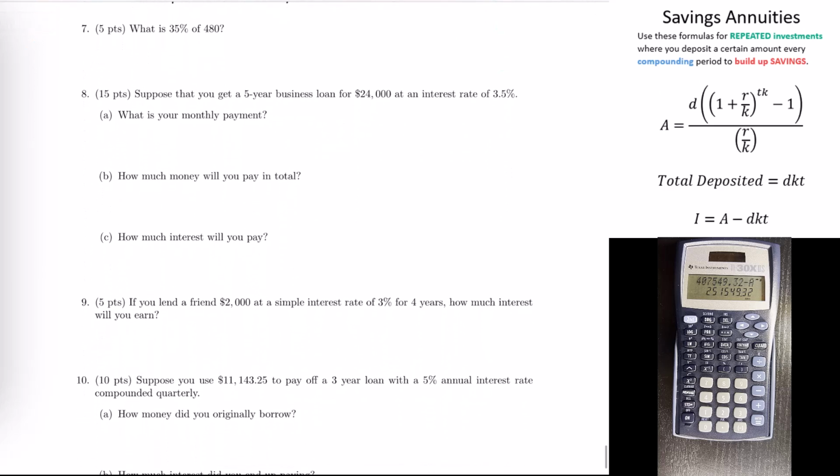On question 7, we're asked to find what number is 35% of 480. So if you set this up as a two equivalent fractions problem, you have one fraction that represents your percentage, so 35 hundredths, and then we're asked what is 35% of 480.